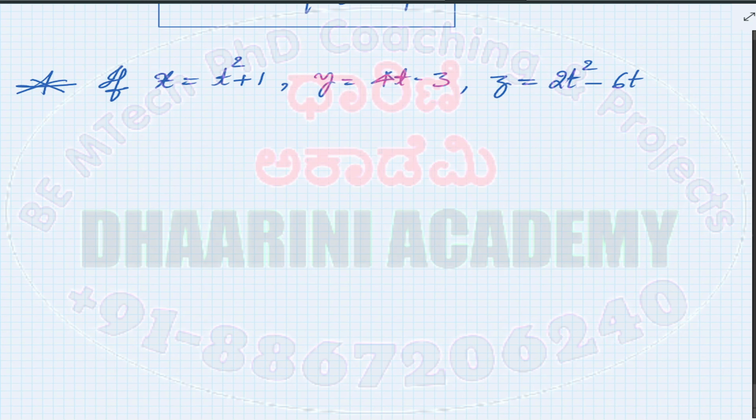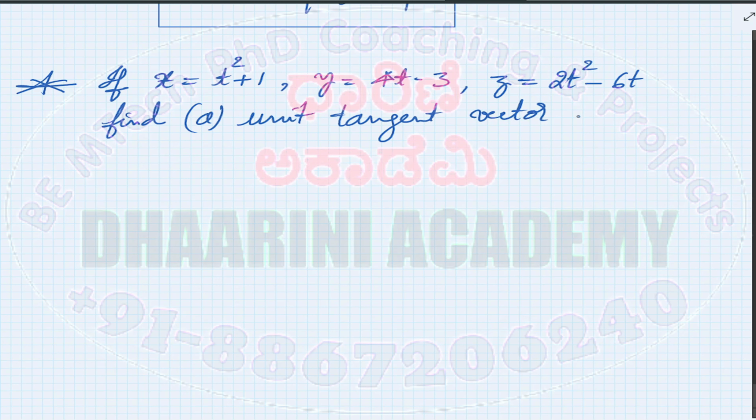This is a given representation for the curve. Find, part A of the question, the unit tangent vector at any point on the curve.